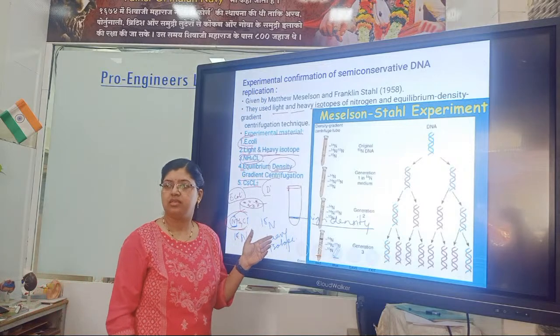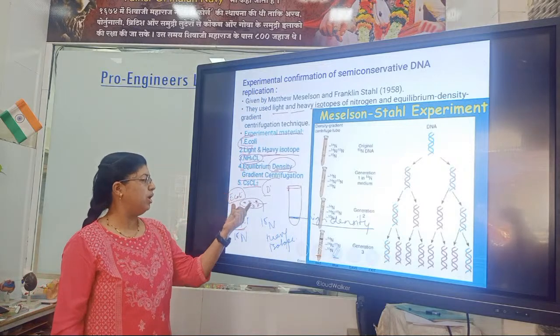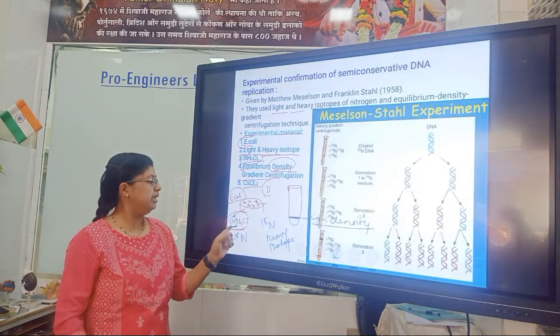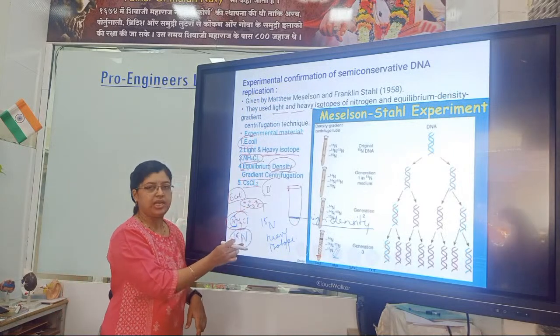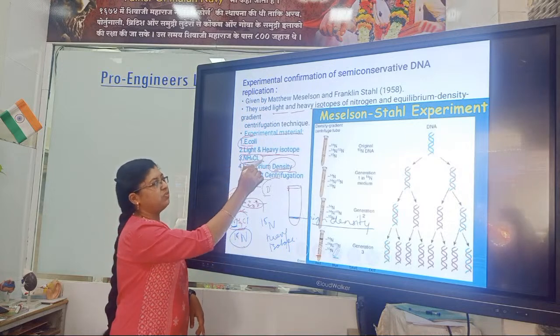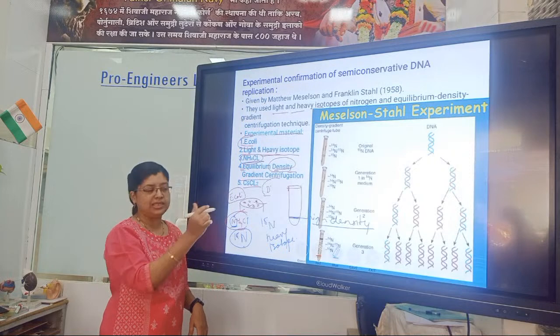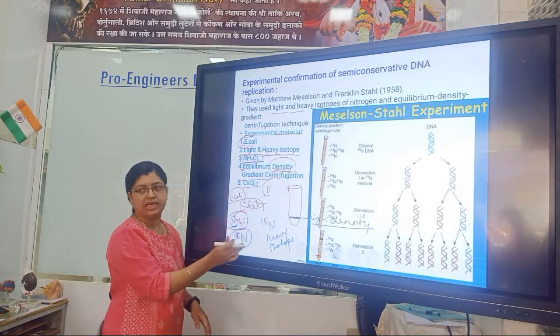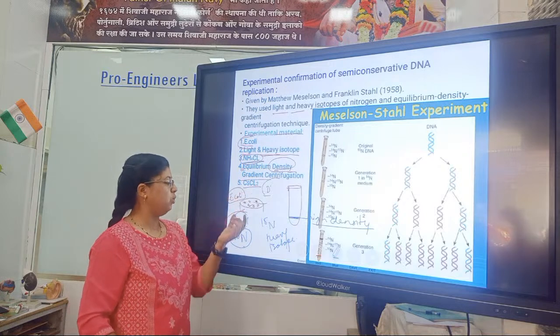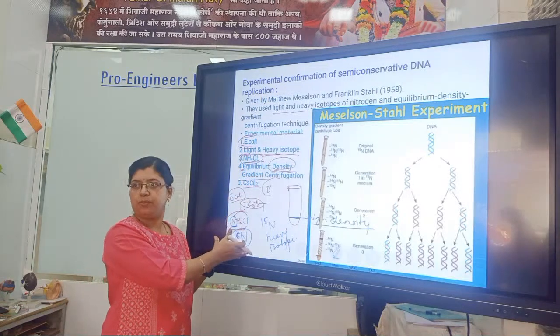Clear? Yes. Means the E. coli is grown on the medium containing 15N heavy isotope. Means inside the NH4Cl we are providing them 15N, that is heavy isotope, right? And then the E. coli grow on that heavy isotope.